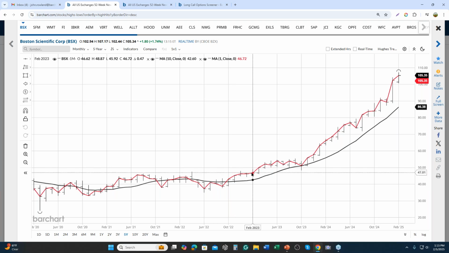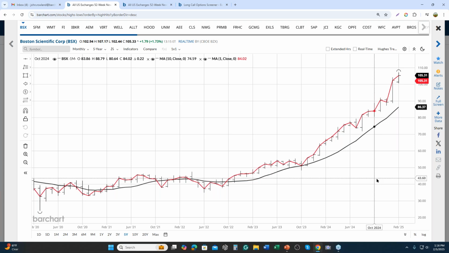And I think this is your philosophy: those stocks that are making 52-week highs and are above their 10-month moving average have a higher probability of continuing into a trend. Correct. We simply want to see the stock trading above that 10-month simple moving average.